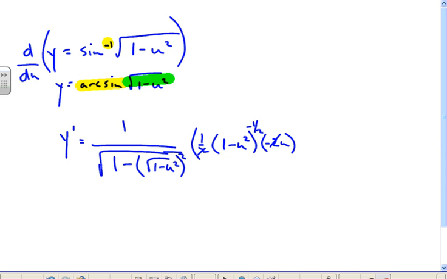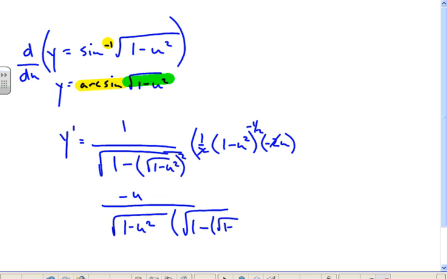So we have negative u, and right here we're going to have the square root of 1 minus u squared times the square root of 1 minus the quantity square root of 1 minus u squared, which will simply be 1 minus u squared. We're squaring the square root right here, so that's going to cancel out.